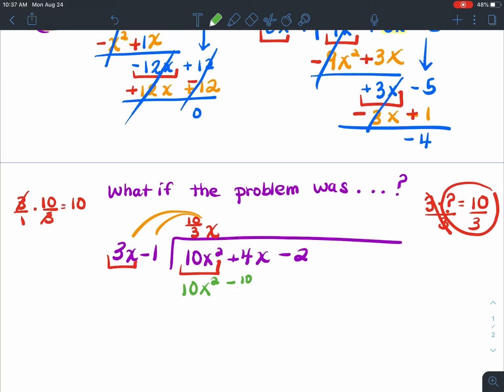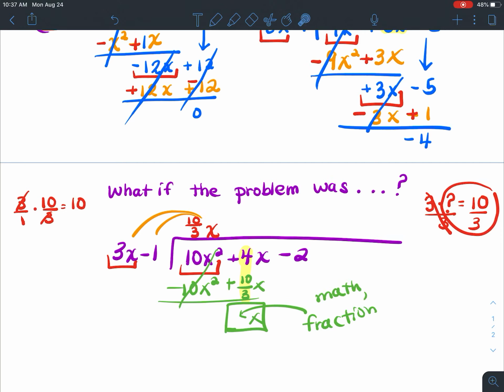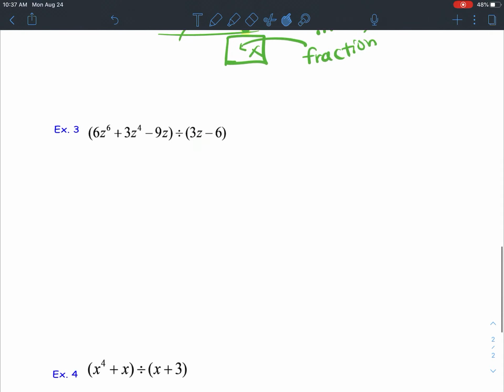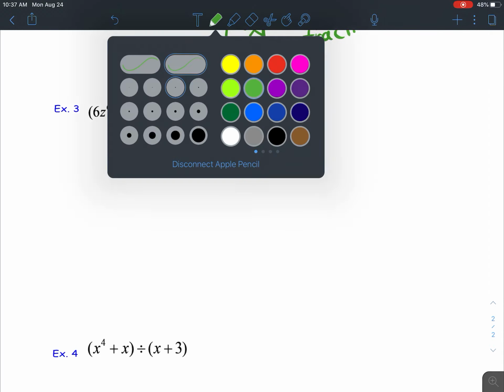That would give me a 10x squared, and then 10/3 x times negative 1. And then I would just continue on with the problem, flipping the signs. Here, I would probably use my calculator to add 4 and 10/3, but do make sure that you always write your answer as a fraction. So I would encourage you to use that math fraction button to always make it look like a fraction.